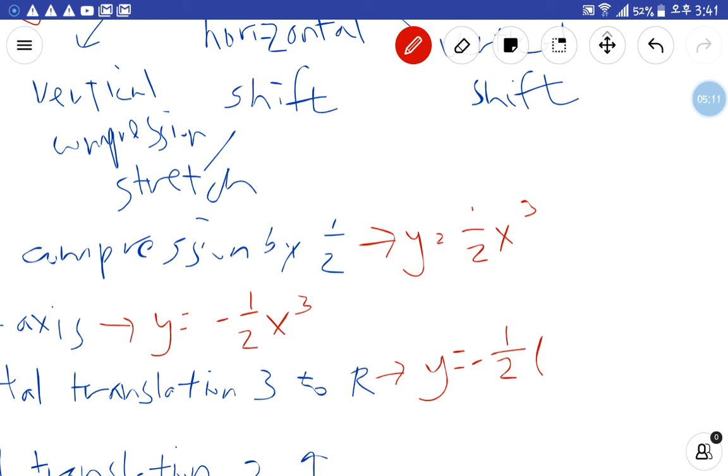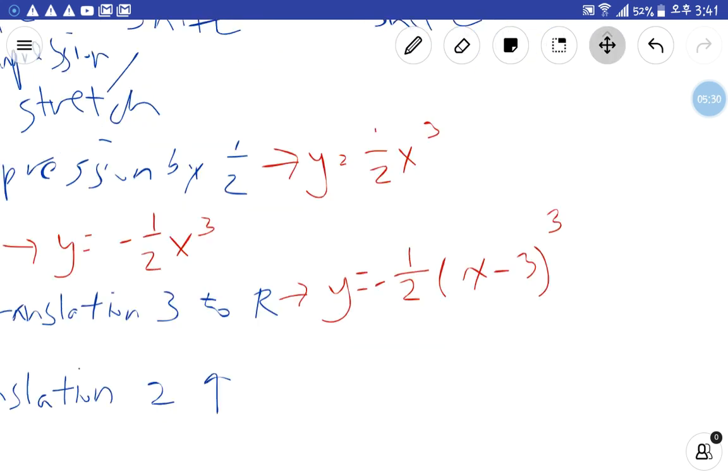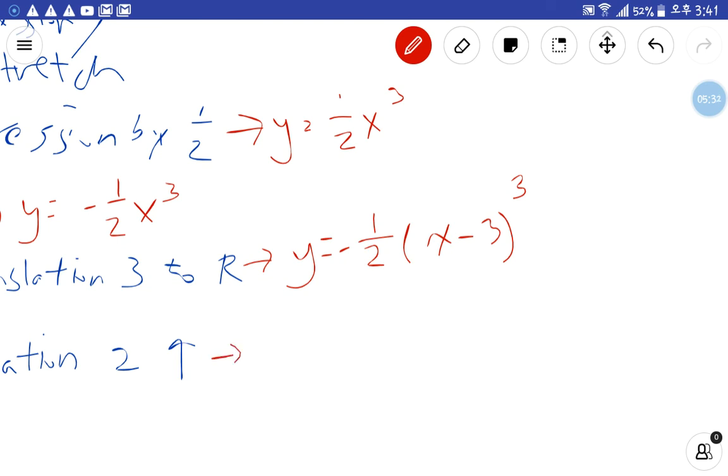So at this time, you want to move to the right, x is already there, minus 3 and cubed. So you just switch your x into x minus 3. And then step 4, you add 2 because you are going 2 up. That's your k part. So my final answer here: y equals negative half (x minus 3) cubed plus 2. That's what we have to do.